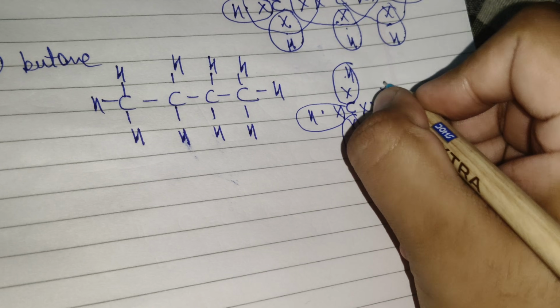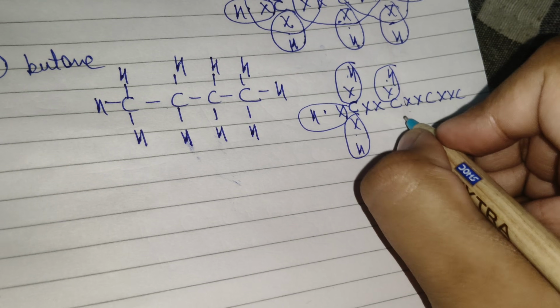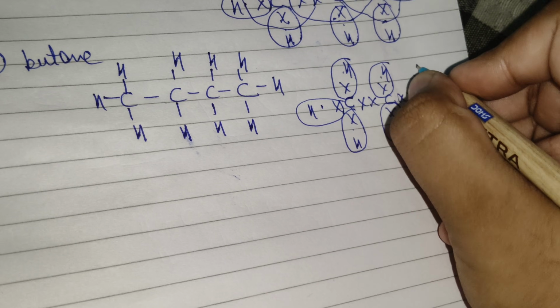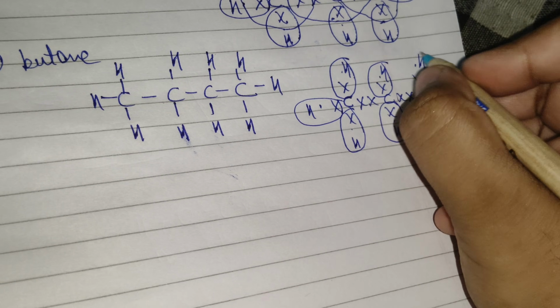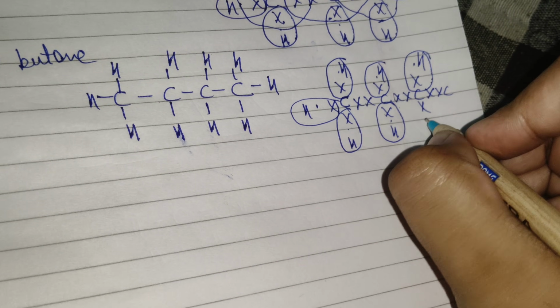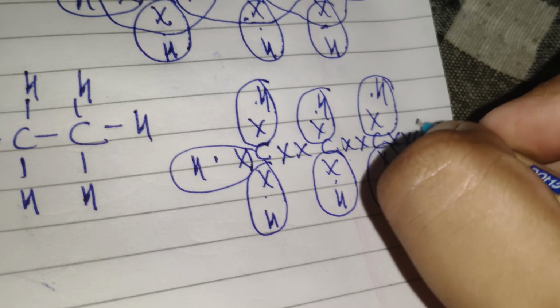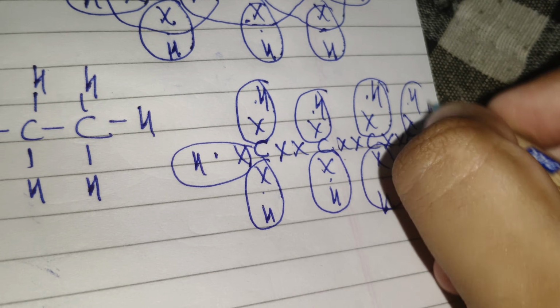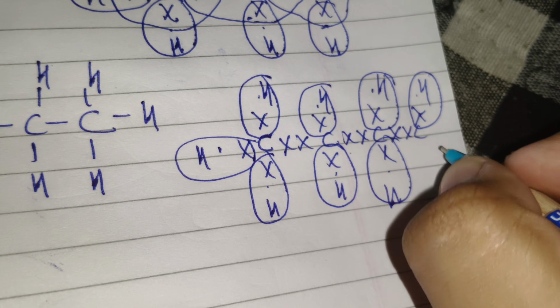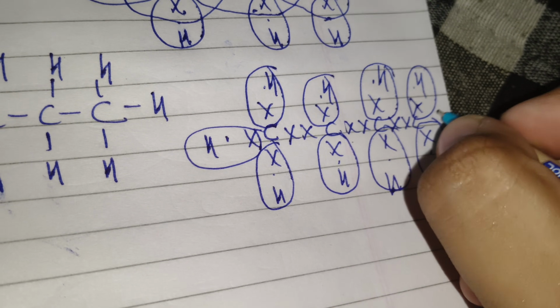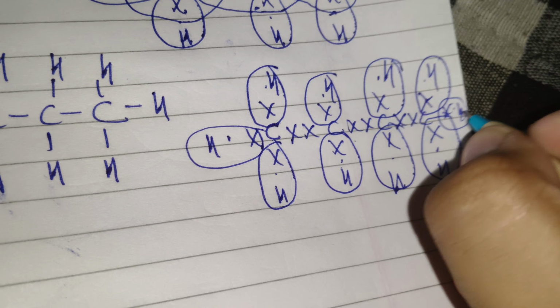So here carbon dot H, the hydrogen orbital, carbon dot H, hydrogen orbital, and carbon dot H. So the sum from the carbon. Now carbon dot H, another, and the last carbon dot H hydrogen orbital.